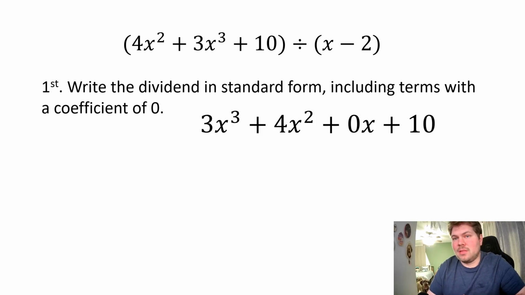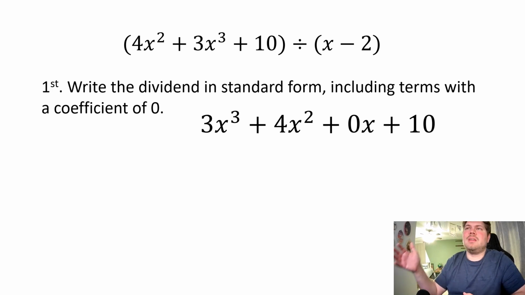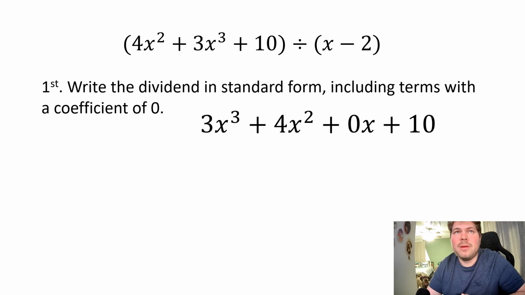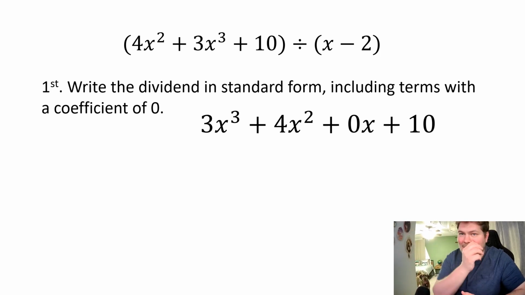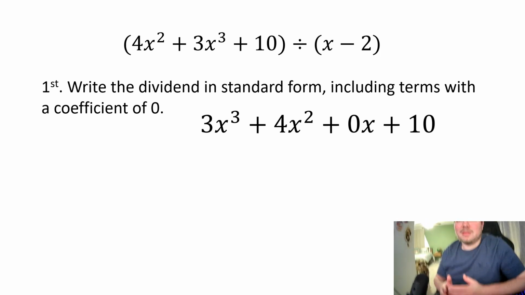This is important when long dividing because it's going to be subtracting from that term and the term after it, and if you skip a term, then it's not going to follow the right pattern, and it's going to be off. Even though that's 0, once it's being subtracted or divided, it could change into a number depending on the binomial.